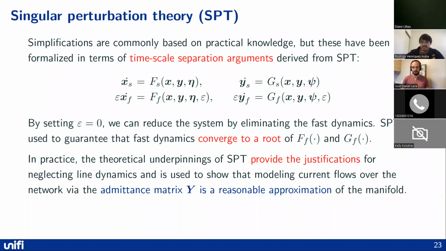For us in practice, singular perturbation theory is the theoretical justification for the elimination of some system dynamics, such as network currents or stator fluxes, and provides guarantees that these simplified representations, for example the admittance matrix model between voltages and currents, are a reasonable approximation of these other dynamics. If you go to the next slide.